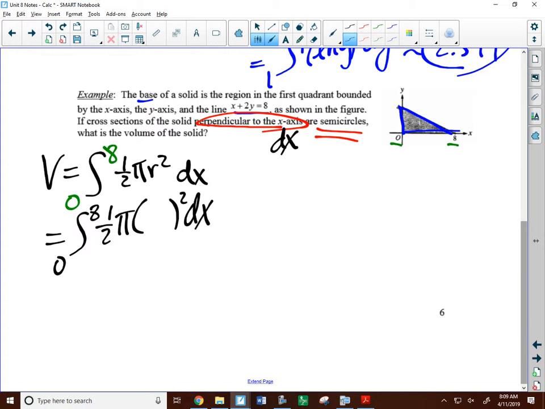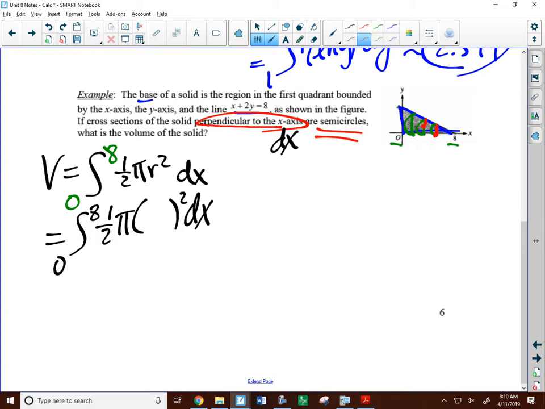I need r, I need the radius. Now let me make a little picture here. The semicircles are perpendicular to the x-axis, so they're going across here. They're going across there. So you've got to be careful on this one. The radius is what we need, right? The radius is here to one side. We don't know that, but we do know that from the x-axis up, that's something we know.